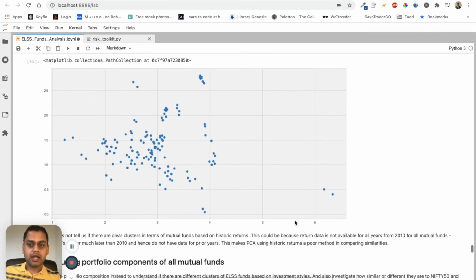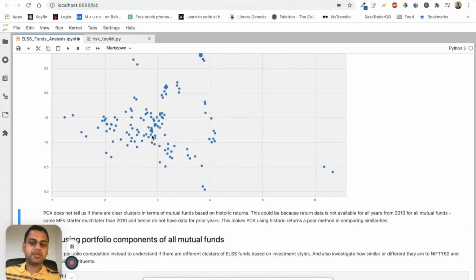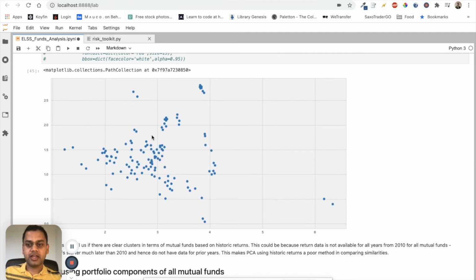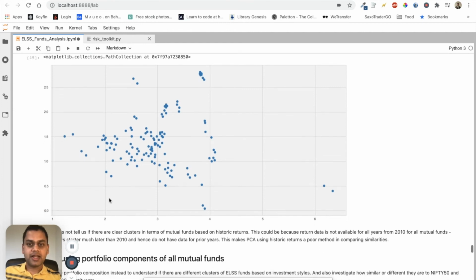The data isn't really giving away a lot, because the points are all over the place. There are no real clusters like we saw before. I investigated why, and this is because some of these funds came into existence in 2010, some in 2013, etc. When you don't have returns data across all of the years, there is a lot of unavailable data, and that messes up your principal components analysis or similarity mapping.